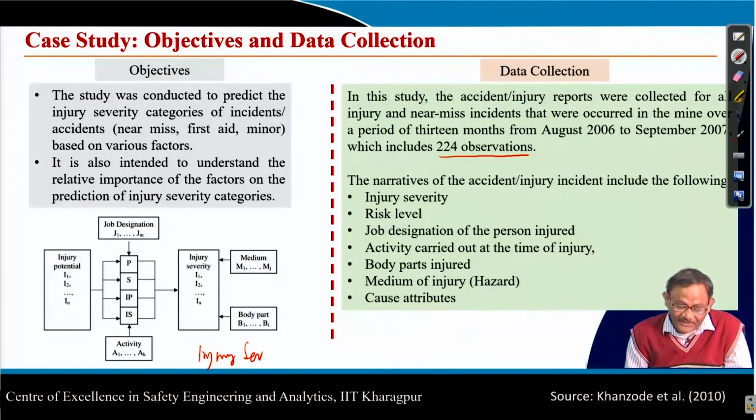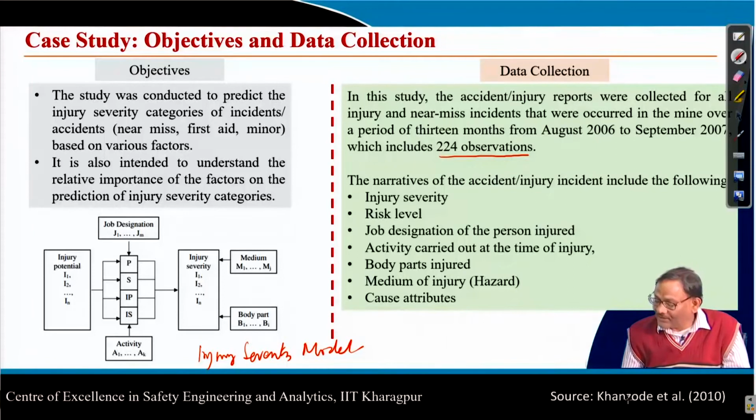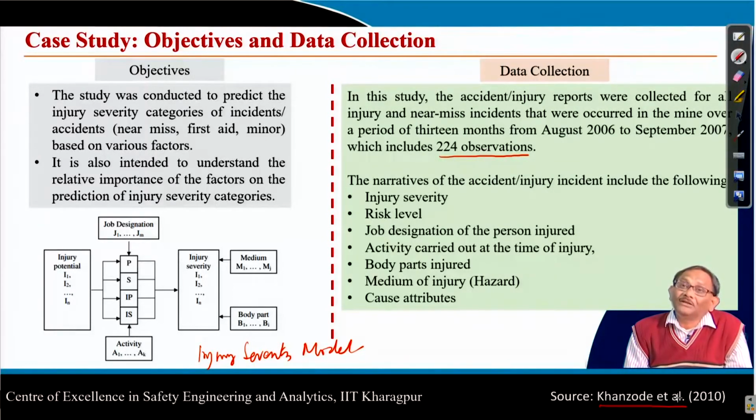Injury severity model. In the work of Khanjode et al. 2010, our basic purpose was how the severity can be explained with the help of job designation, activity, medium of injury, body parts injured, and injury potential.